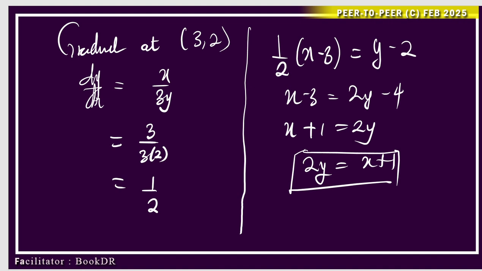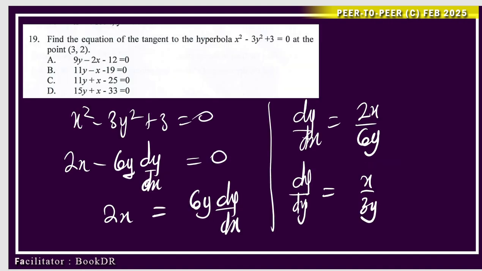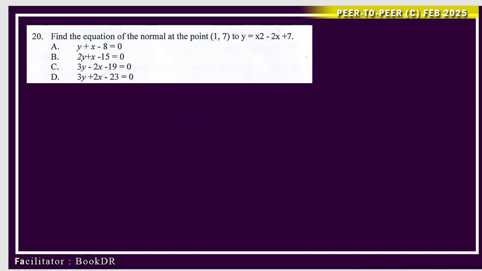Collecting like terms, I'm not sure the correct answer is inside. So this is not the correct answer. None of them has a correct answer unless there is something that is omitted in the question. So the correct answer is not there.